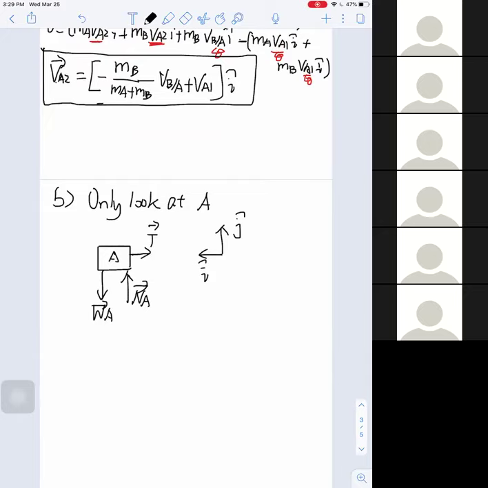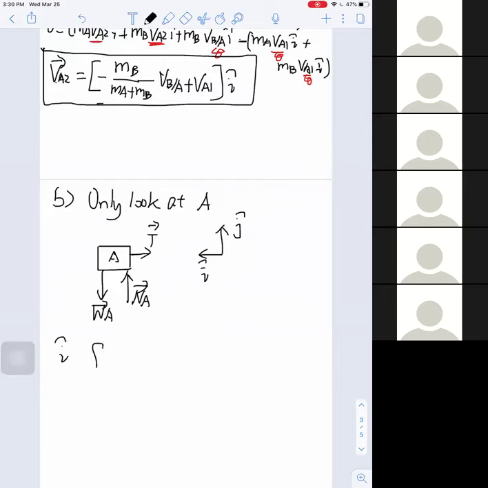In which direction is this tension force? Zach, which direction is this tension force? I would say the negative I direction. Yes, negative I direction. So the I direction is the direction we care about. J direction doesn't really tell us much. So we can apply the impulse momentum equation only for the I direction.